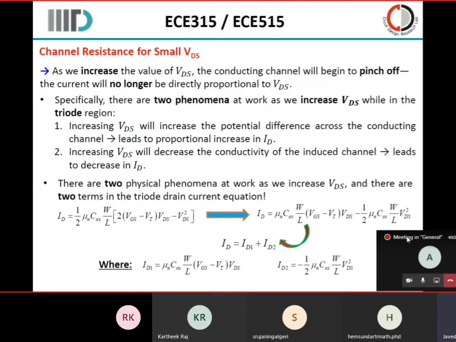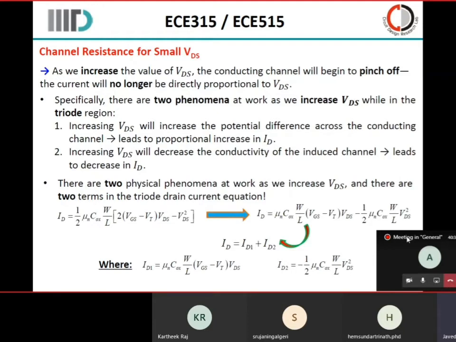So how do you differentiate these two? These two physical phenomena will work as we increase VDS, because if you look at the current equation, VDS has two factors: one is a linear factor, the other is a quadratic factor. So you'll have both responses. Let us see how this works.